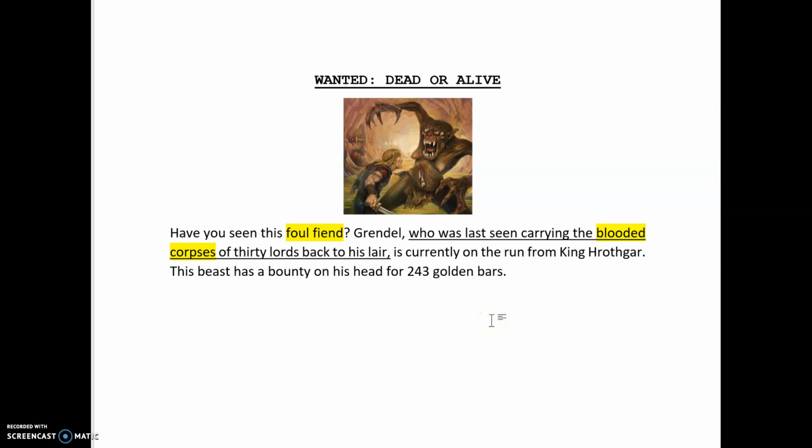In the next paragraph, I'm going to start describing Grendel and giving some description about what he looks like. No one's going to be able to report that they've seen Grendel if they don't know what he looks like. So I'm going to start by thinking about how other people might describe him.